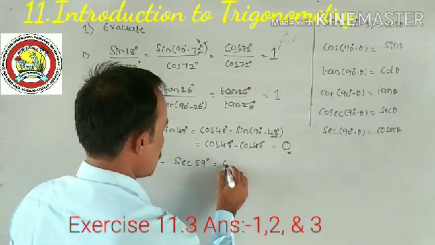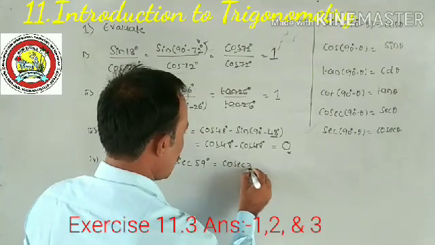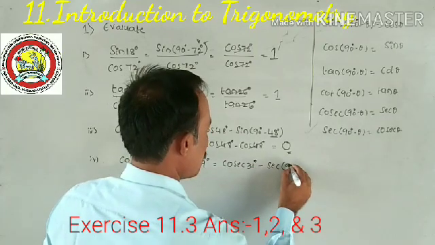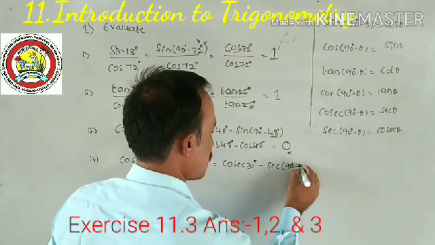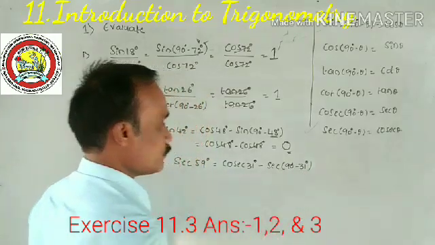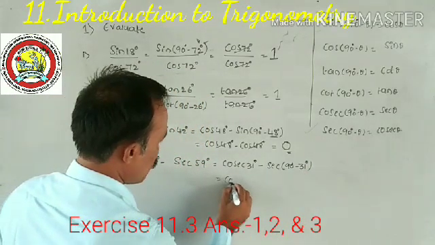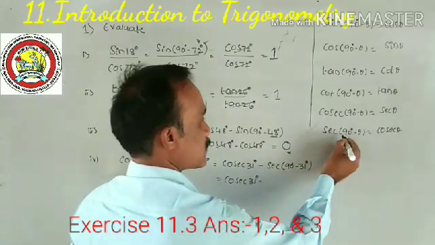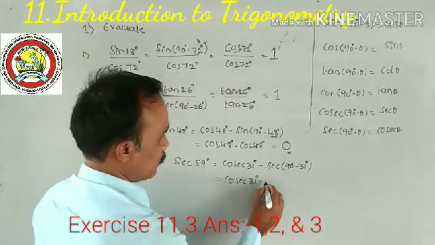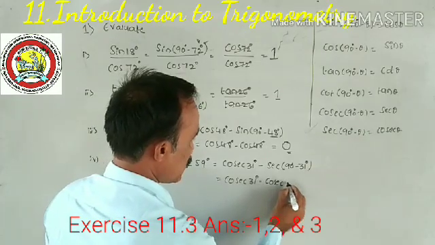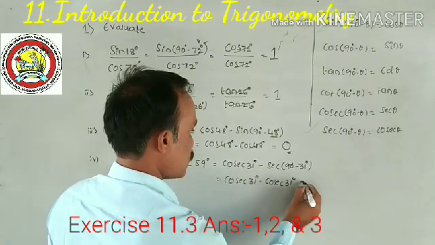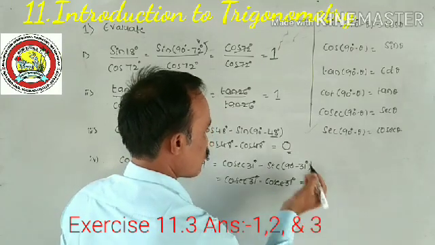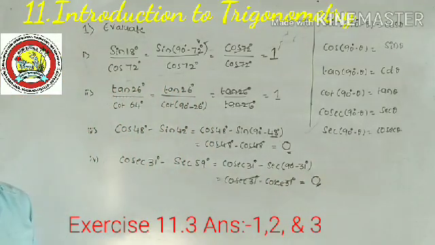Cosecant 31 degrees minus secant 59 can be written as secant 90 minus 31. So cosecant 31 minus secant 90 minus theta, secant 90 minus theta is cosecant theta, that is cosecant 31 degrees. Yes, both cancel. Answer is 0. Very simple answers.